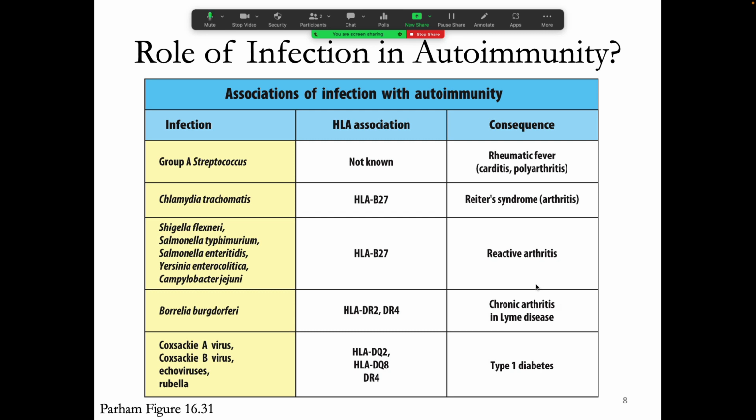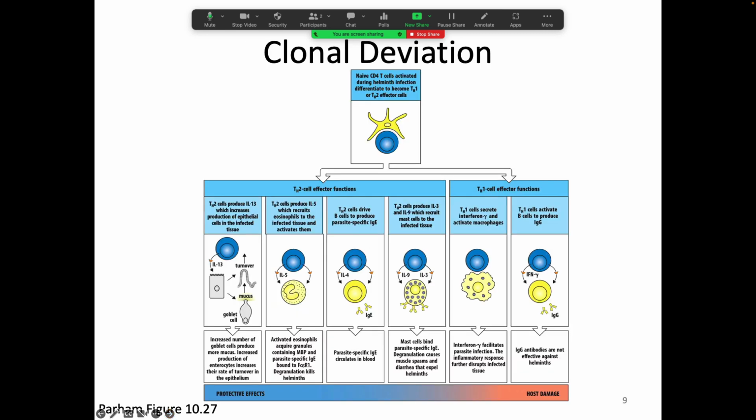I'm going to next talk about clonal deviation, or a story about clonal deviation and what we think may happen in a particular disease state to lead to that clonal deviation break. I want you to remember that when we think about clonal deviation, it's really about shifting T cell subsets.